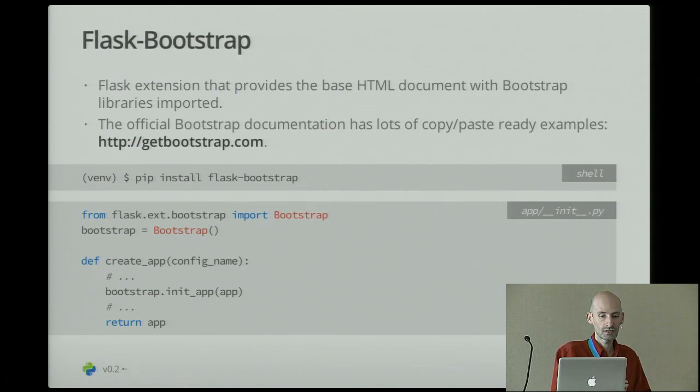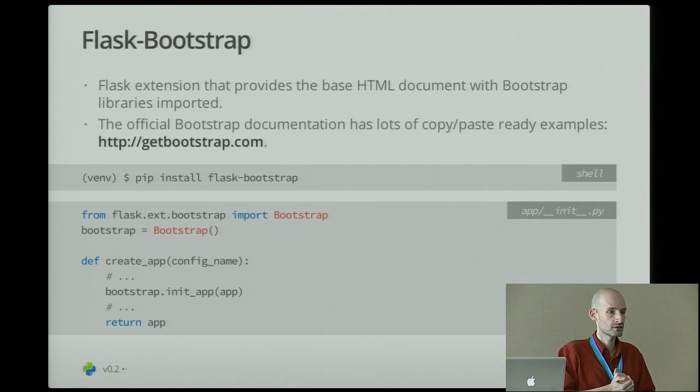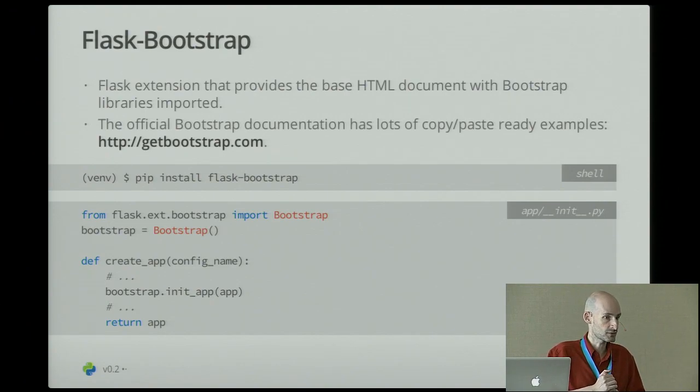By the way, I forgot to mention this. All extensions live in a common namespace. All extensions are in flask.ext.extension name. So you import the Bootstrap class from there, and then you create an instance of it as a global variable. That's pretty standard for extensions. You're going to see a lot of them.